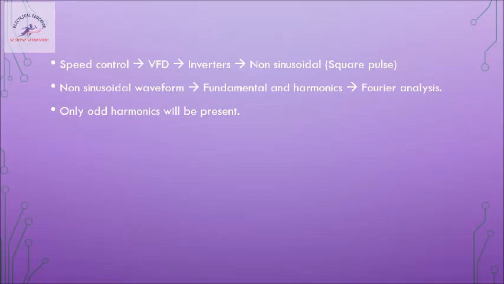In a half cycle of the fundamental wave, the even harmonics will have 2, 4, 6, 8 half cycles. If I consider a second harmonic, in the half cycle of the fundamental, the second harmonic will have two half cycles, one positive and one negative.